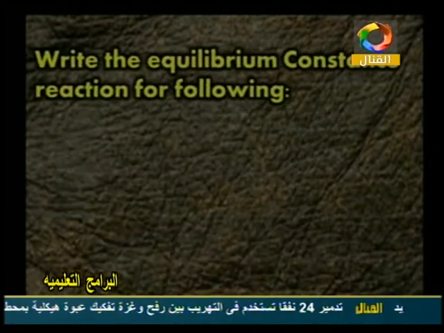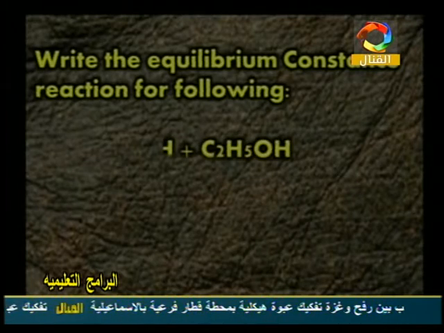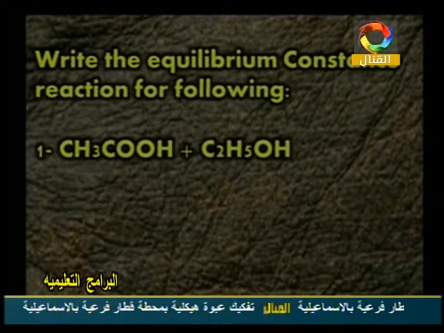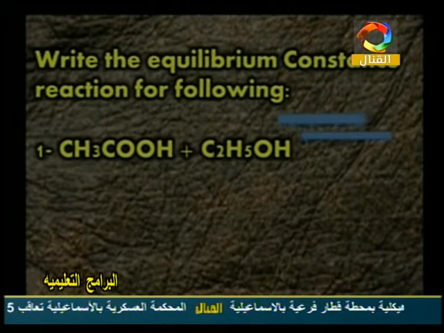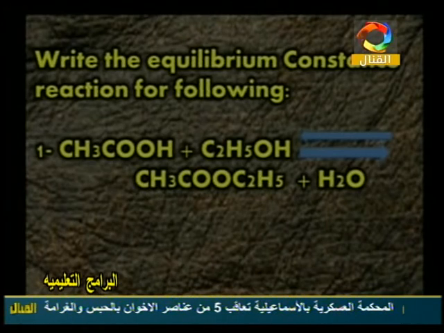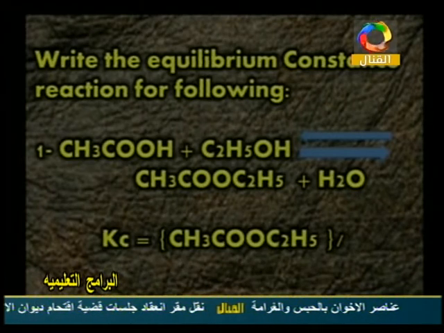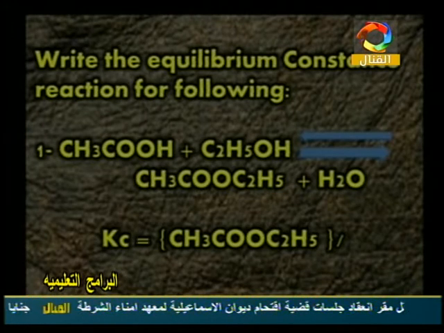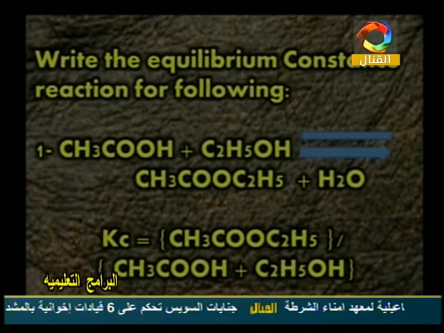Fly to this question. Write the equilibrium constants of the following reactions. At the beginning, acetic acid CH3COOH plus ethanol C2H5OH. The equation in the two directions, reversible, will be ester CH3COOC2H5 plus water. Now, Kc equals what? CH3COOC2H5 concentration per CH3COOH times C2H5OH.